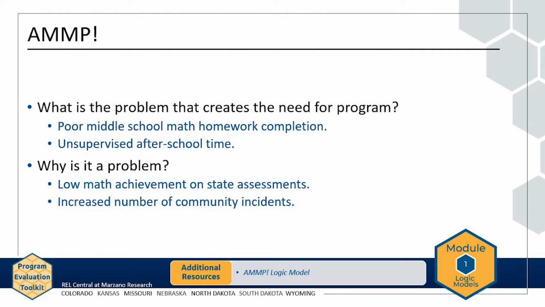In the AMP example, the problem is that middle school students have not been completing their math homework, which may be connected to low math achievement on state assessments. The community has also complained that unsupervised students are getting into trouble after school. Incidents involving middle school students are up 17% over the previous 3 years.